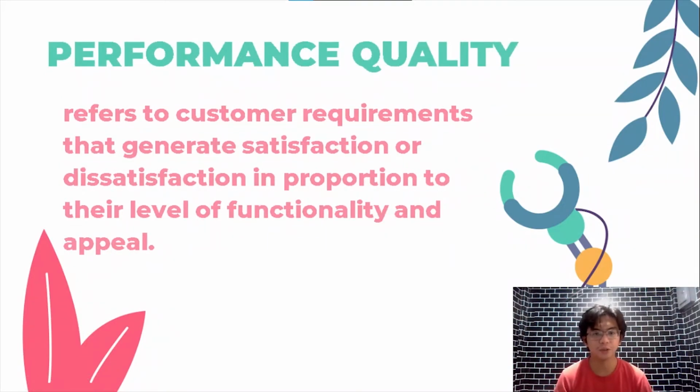The second definition is the performance quality. These are the customer requirements related to how a product functions. These are requirements where, when the product has higher quality or better performance, there is a higher chance that it will receive higher satisfaction from the customer.